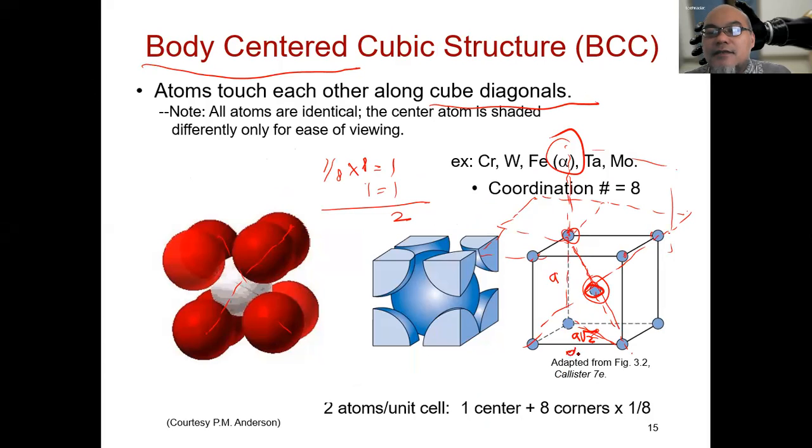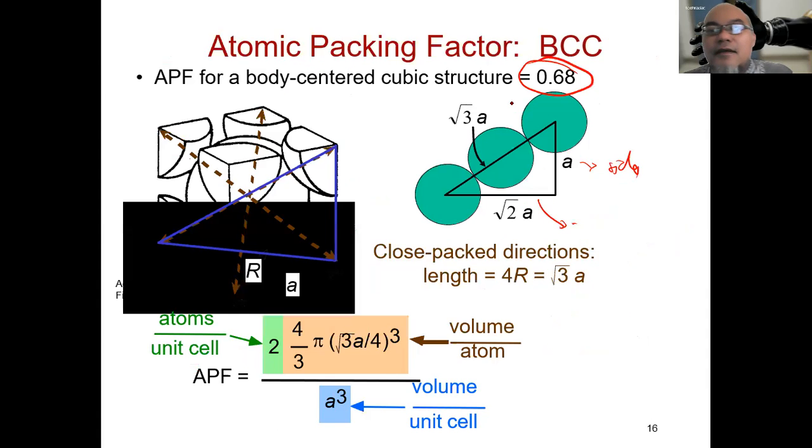Because it is calculated from A and A here. So this cube diagonal will be A square root of 3. And A square root of 3 here equals how many R? So this is R, this is 2R basically, because this is one single diameter of the atom, and this is R. In total, this is equal to 4R. So R equals A square root of 3 over 4.